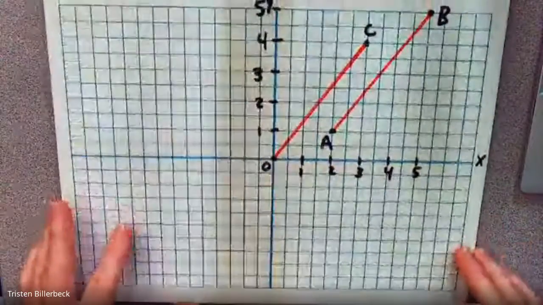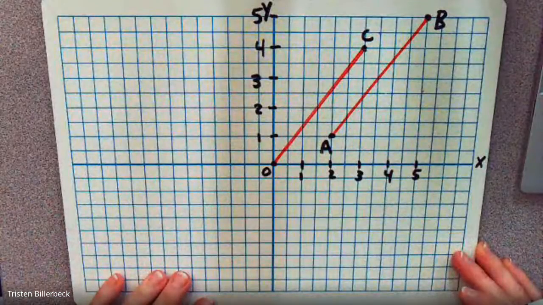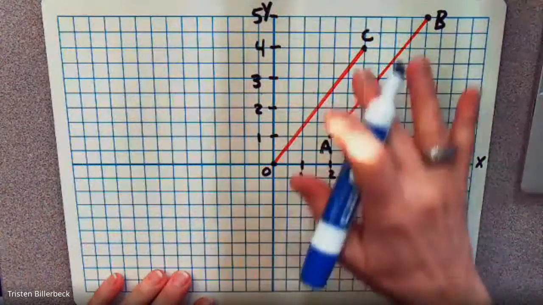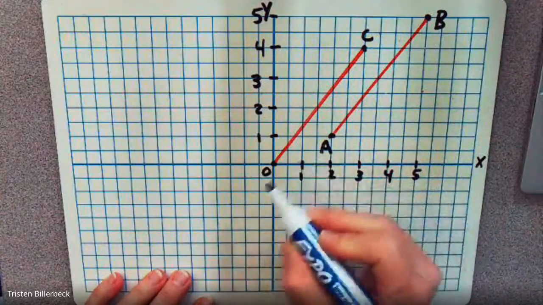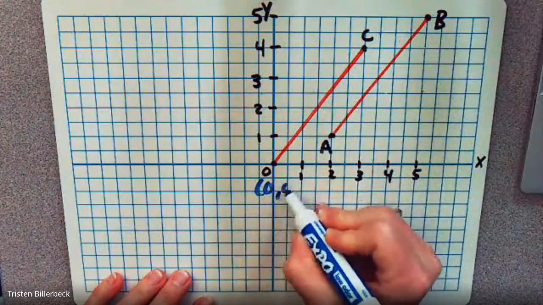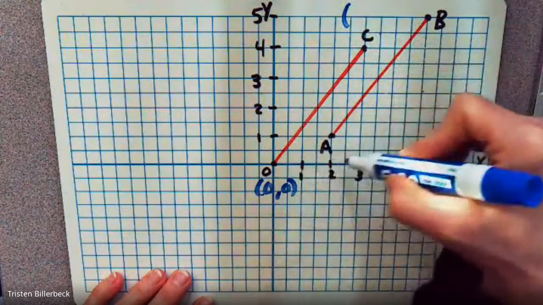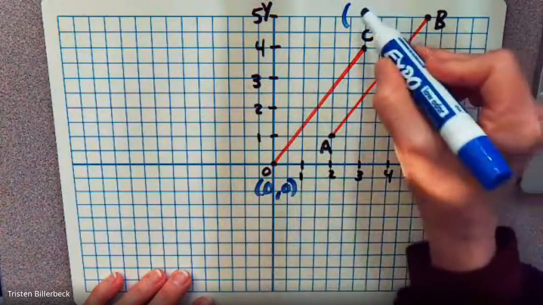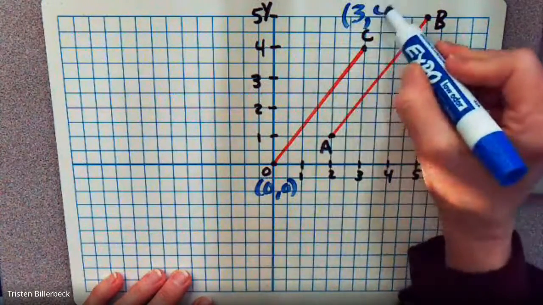Now, when we have x and y both changing, that's when it becomes a different story. So when we first look at this and we look at OC, we see, oh, okay, this one's at 0, 0. But this point here is at, we walk through the lobby first, so 3 is the x and 4 is the y.